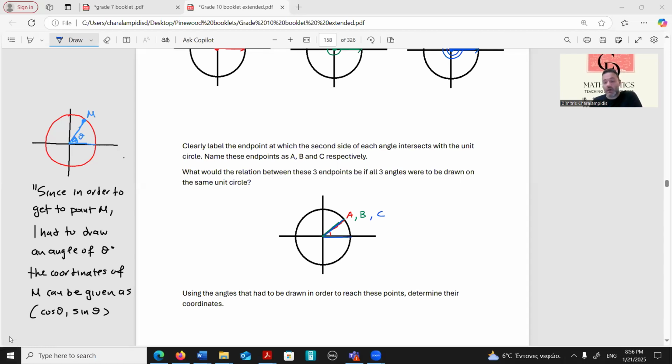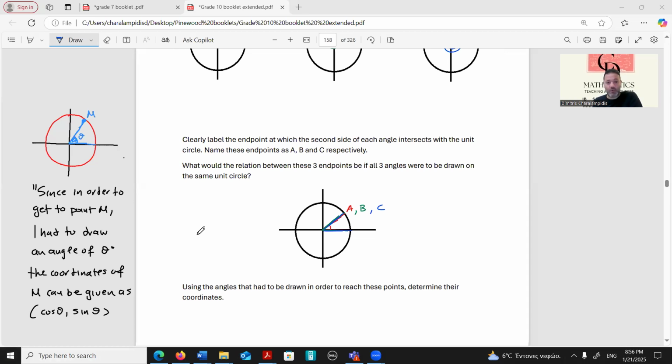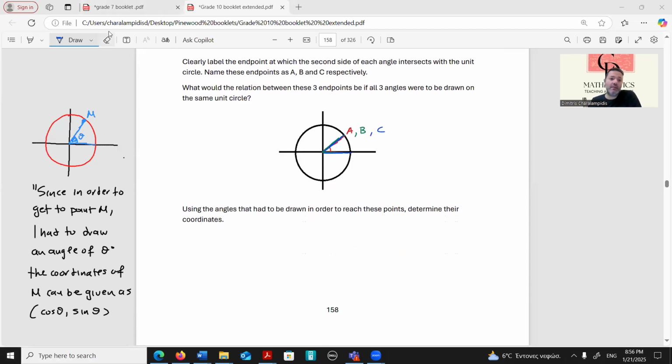I will now apply this knowledge, this poem, for my three different points, which are basically the same point.